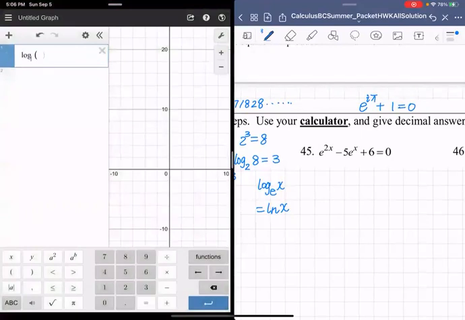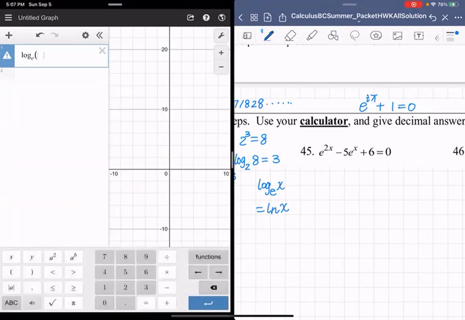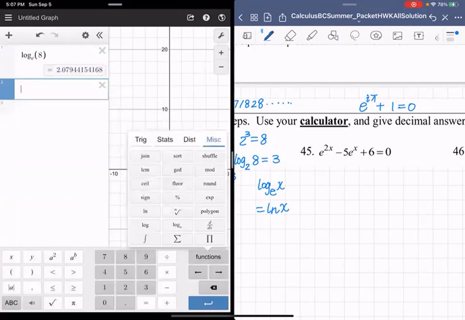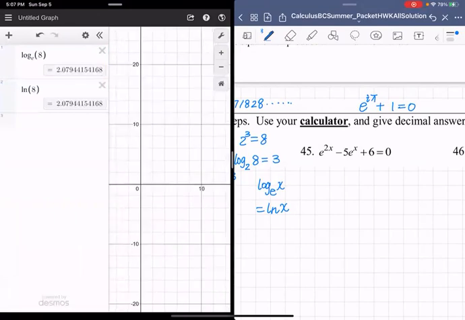You can do log e, for example, log e of 8. It gives you a value. If you say, I don't like to type so many things, you can do ln 8. It's exactly the same value. Okay, so far so good.